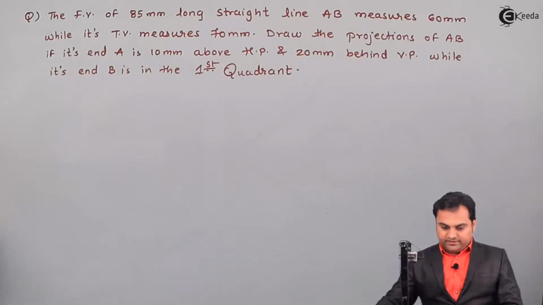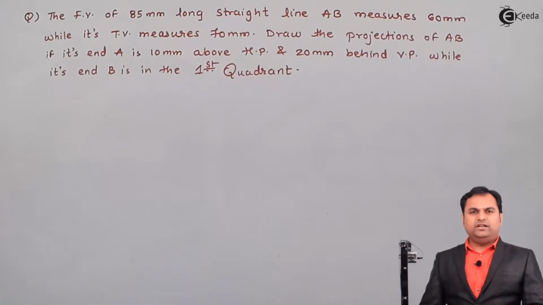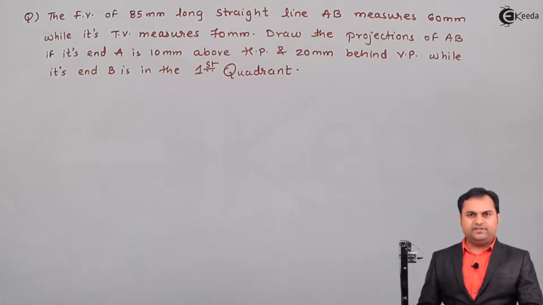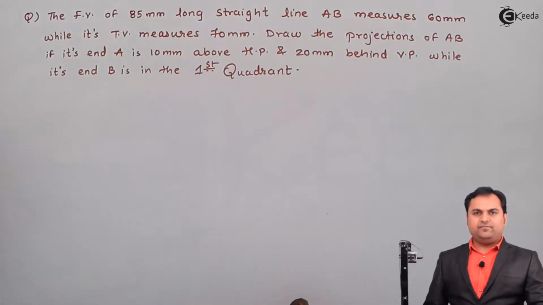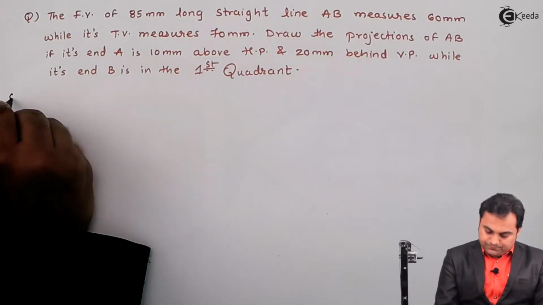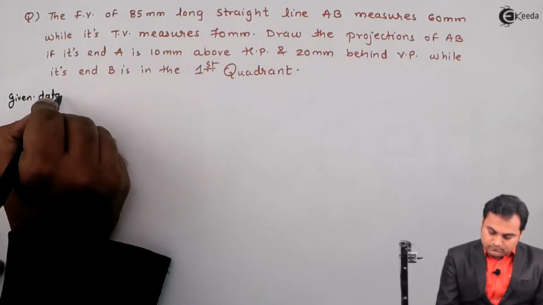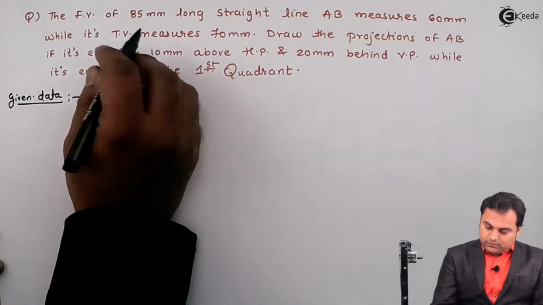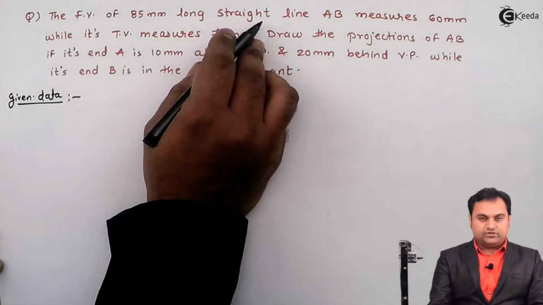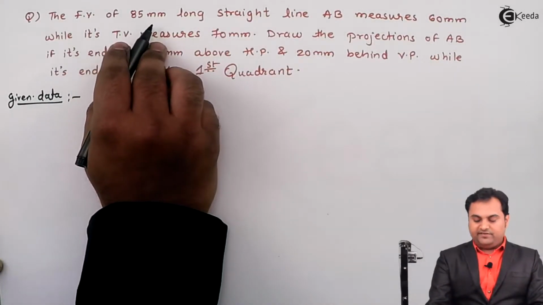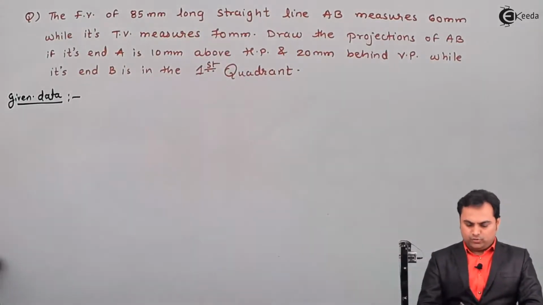Whatever is given, I'll write that in the form of data so that we can understand how many parameters are there. There should at least be 5 parameters to solve this problem. The front view of 85 mm long straight line. So this 85 mm long straight line is the true length of the line.